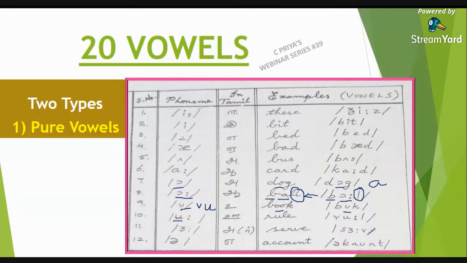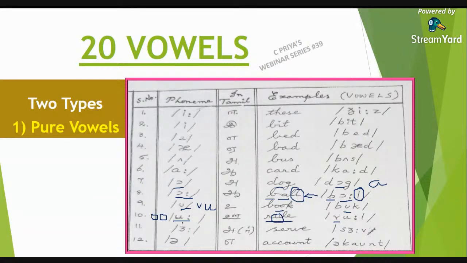The tenth sound, U with colon. It produces oo, two O's. Oo sound. See here, we do not read this word as ruling. We read it as rule. How does it come? R, U produces oo sound.